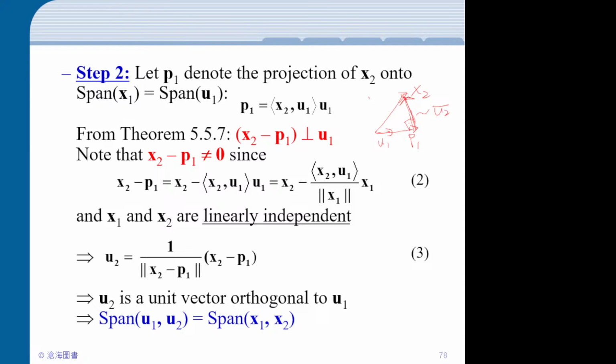To find the projection of x2 onto u1, that's the thing that we've been talking about. The coefficient is the inner product of x2 with u1, and then it's in the u1 direction, so it's times u1.